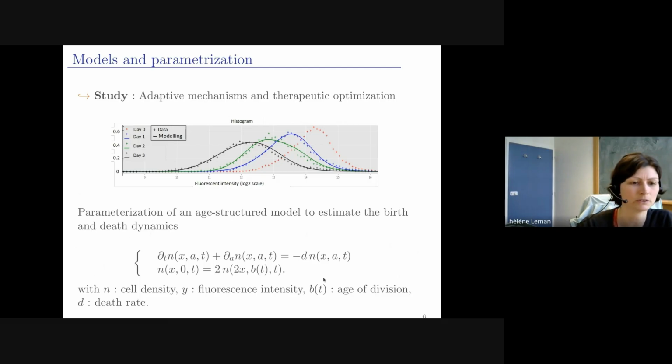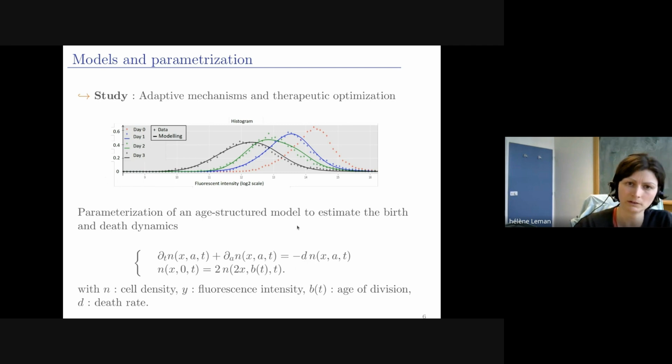In fact, it's not exactly this model. This model is the macroscopic scale of the model, but our model is a probabilistic one, so it corresponds to the microscopic model that gives this PDE. We parameterize this model to estimate the birth and death of the population.